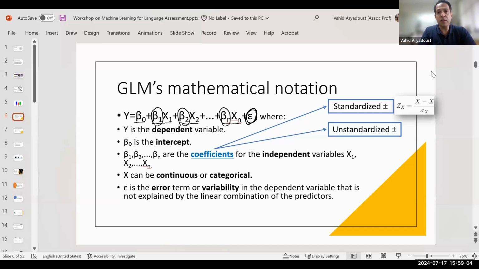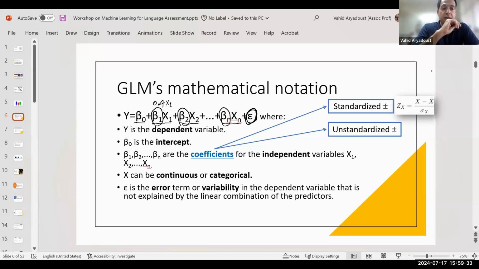the way that we interpret standardized and unstandardized coefficients is slightly different from each other. Standardized coefficients are interpreted as follows. For example, let's say the standardized coefficient for x1 is 0.4. This is how you interpret it. This is standardized, remember.